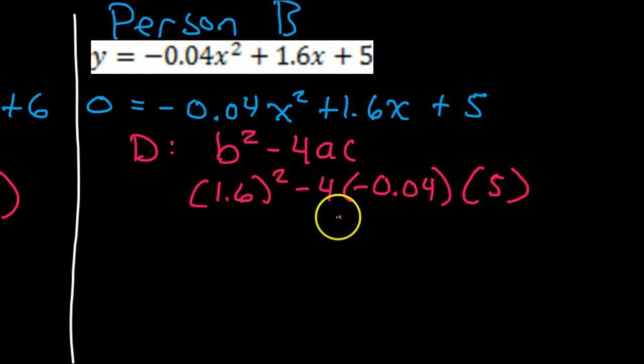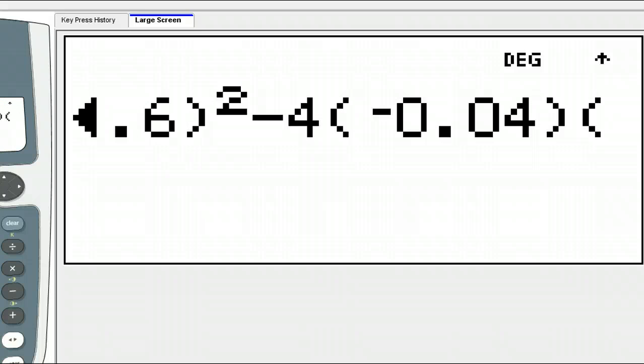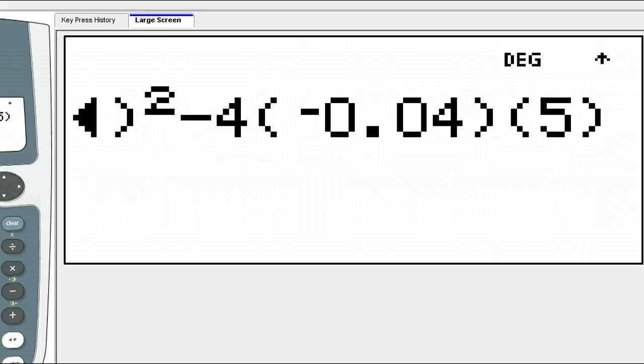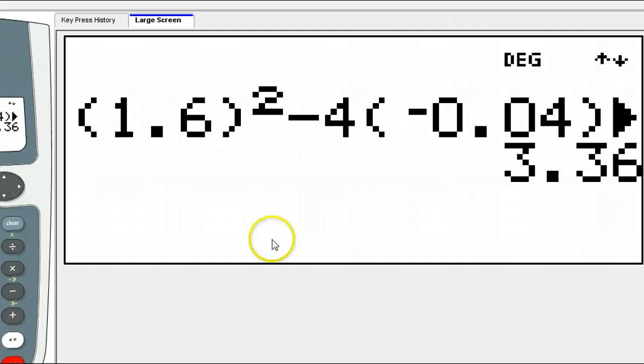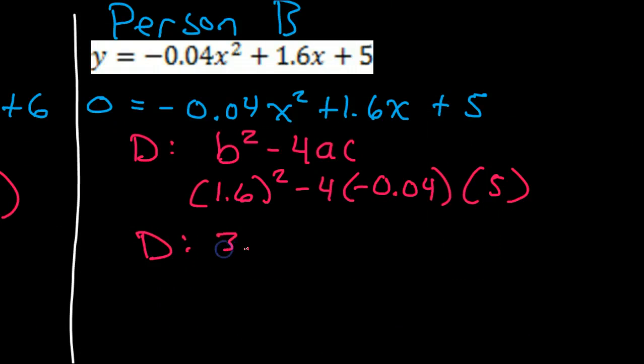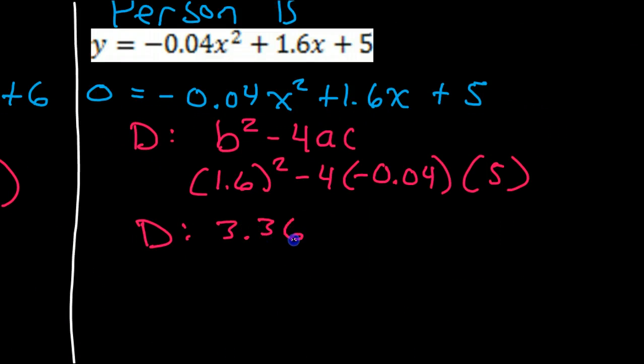So this is our discriminant. Let's calculate that. I'm getting 3.36 for my discriminant. Now we can go on and do the rest of the quadratic formula.